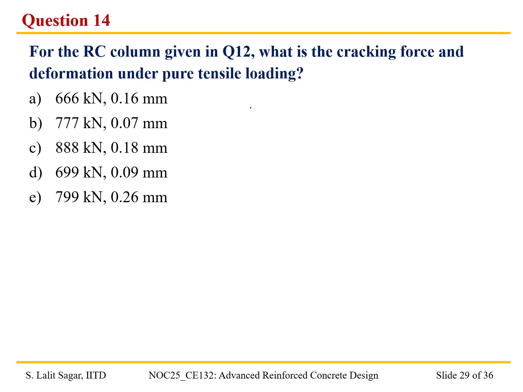So we have Ec is equal to Ft divided by epsilon t, or we have epsilon t is equal to Ft divided by Ec. We can take this as 0.1 into 65, that is 6.5 MPa.